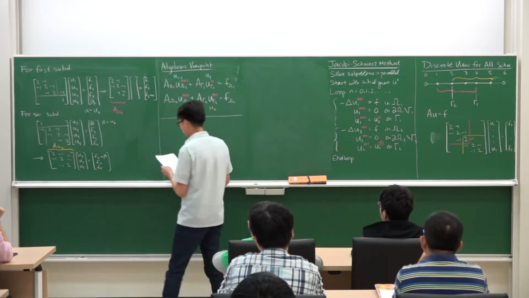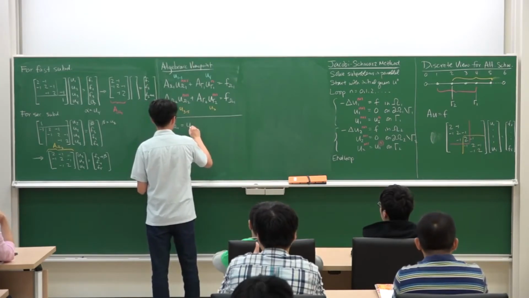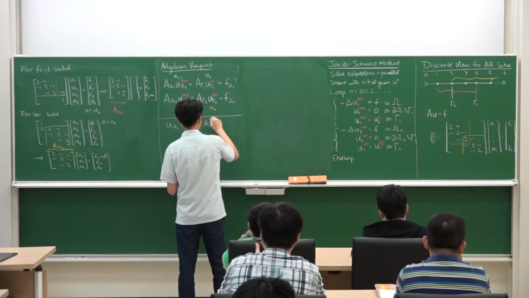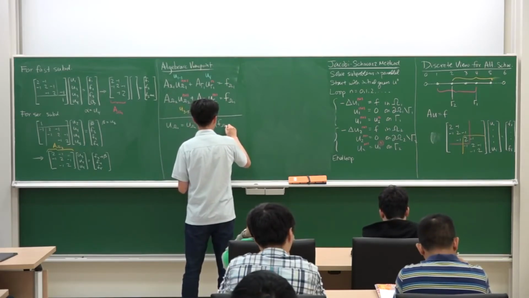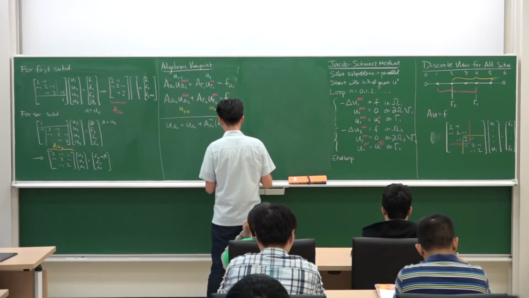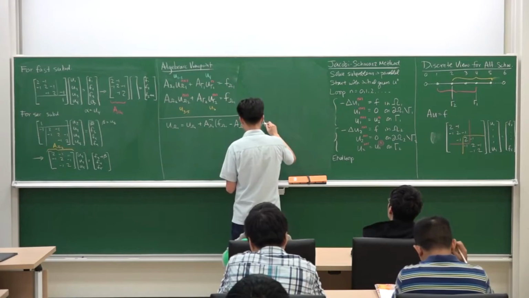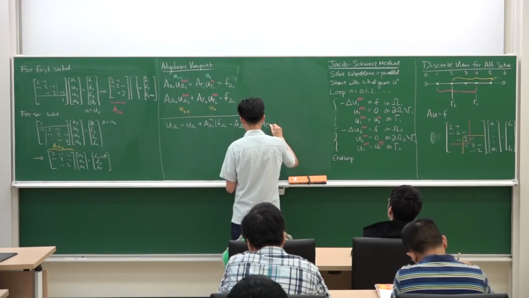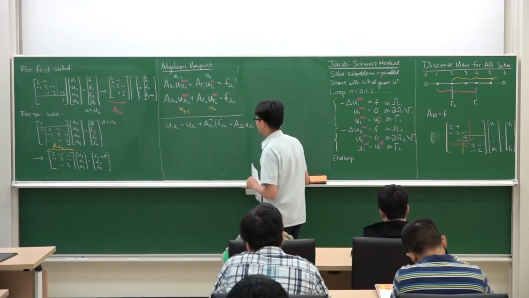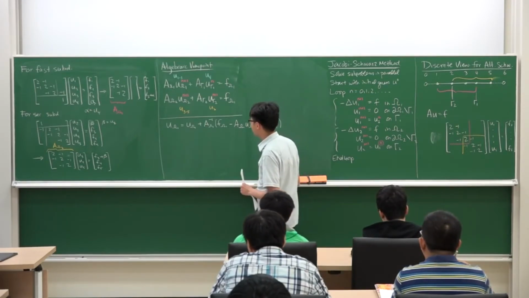Okay, let me skip a step. So U omega 1 equals U omega 1 plus A omega 1 inverse F omega 1 minus A omega 1 U omega 1 minus A gamma 1 U gamma 1. Sorry, those were omegas. So I rewrote the first equation. I haven't put the superscripts, the iterations, on yet.